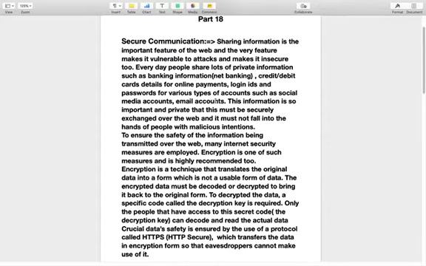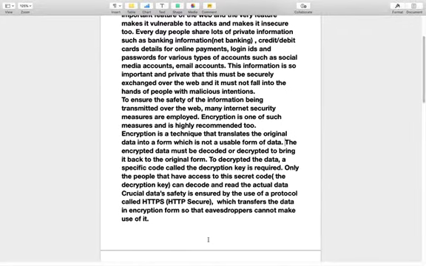This is done by the decryption key, and only properly authorized people have this key. Data safety is ensured by the use of the protocol known as HTTPS. S stands for secure. It transfers all the data in the form of encryption, so any hacker, cracker or eavesdropper cannot use this.